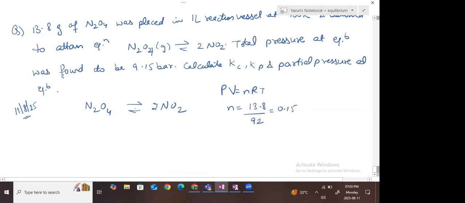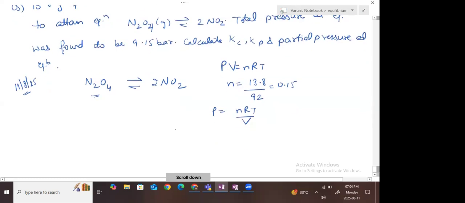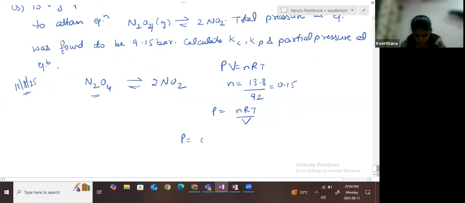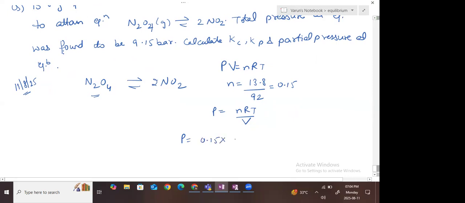Correct? Actually, I have to find the pressure of N2O4, that is, what is the initial pressure of N2O4? So I can use this formula. My pressure will be equal to nRT divided by V. Clear? n is 0.15. R is what? As my pressure is in bar, I have to take 0.083.